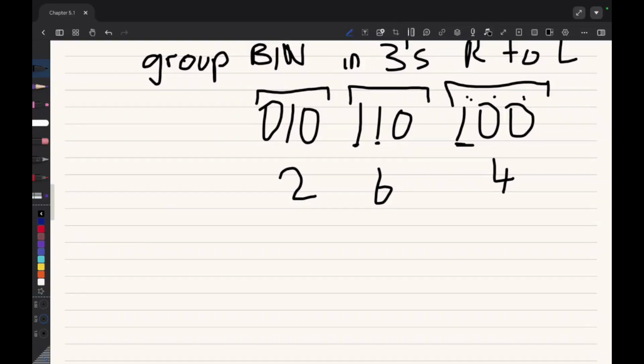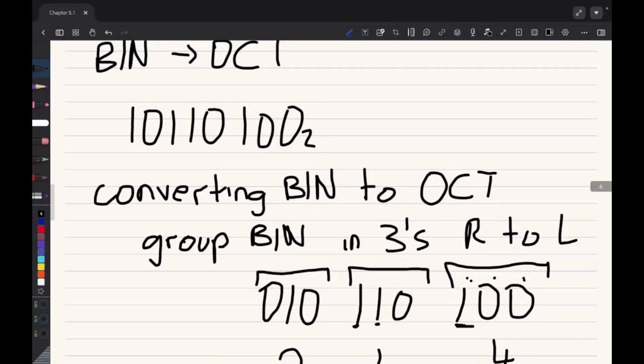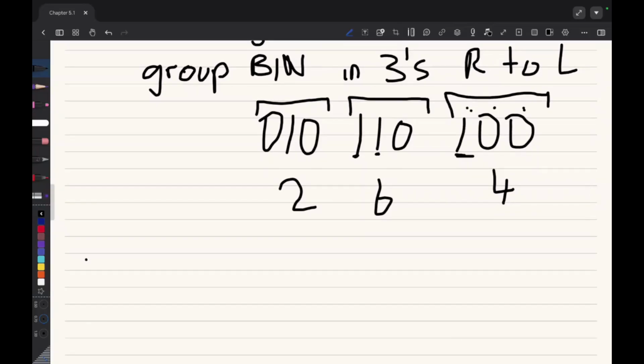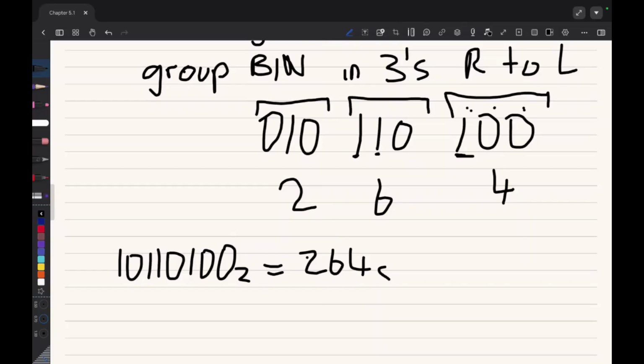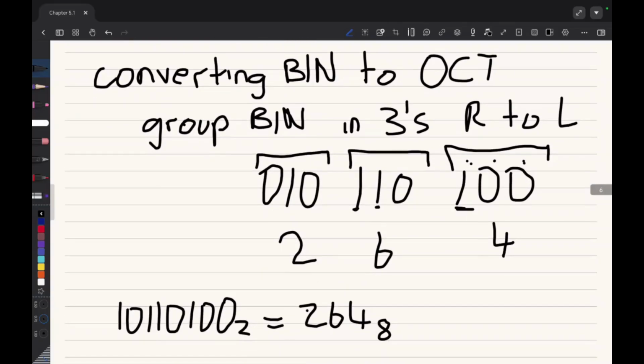All right, the octal representation of this binary number is 246. Okay, that's how you convert binary to octal.